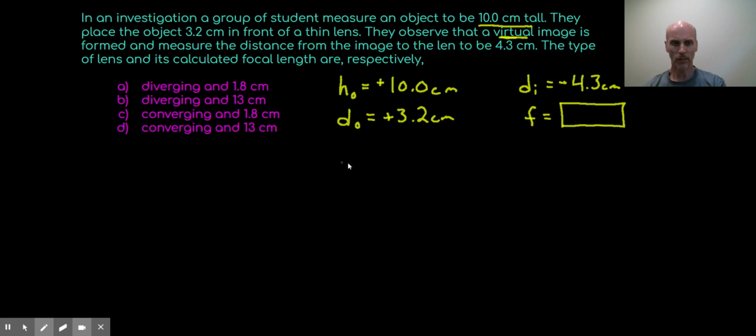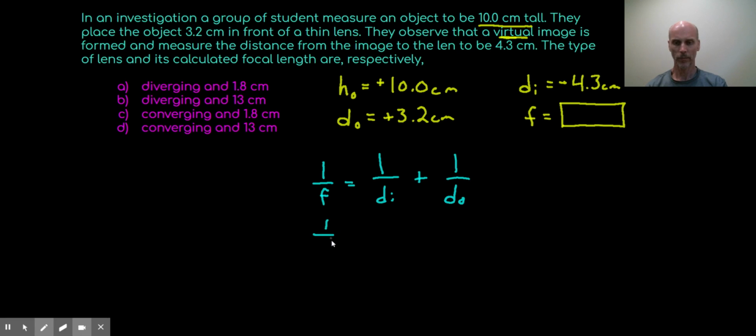So, given that information and knowing we have to calculate the focal point, the height of the object is interesting, but if we just want to know the focal length, we really can go straight ahead right now and use the Lensmaker's equation. 1 over f is equal to 1 over di plus 1 over do. And I feel like that's enough to figure out the focal point, knowing di and do, which we have.